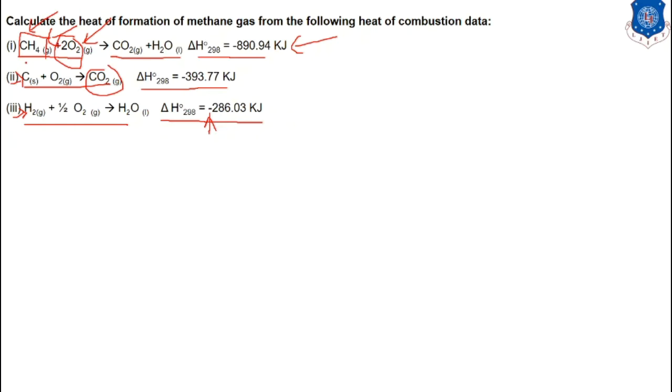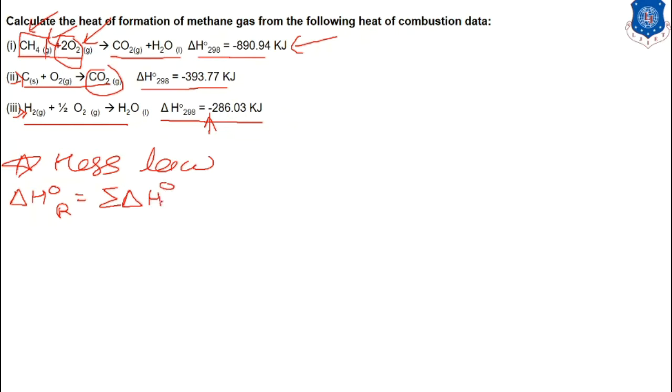So let's calculate the heat of formation for methane gas. Using Hess law we can calculate it. So let's write the Hess law equation. What is the Hess law equation? Delta H naught of reaction is equal to the summation of delta H naught for the products minus the summation of delta H naught of the reactants.